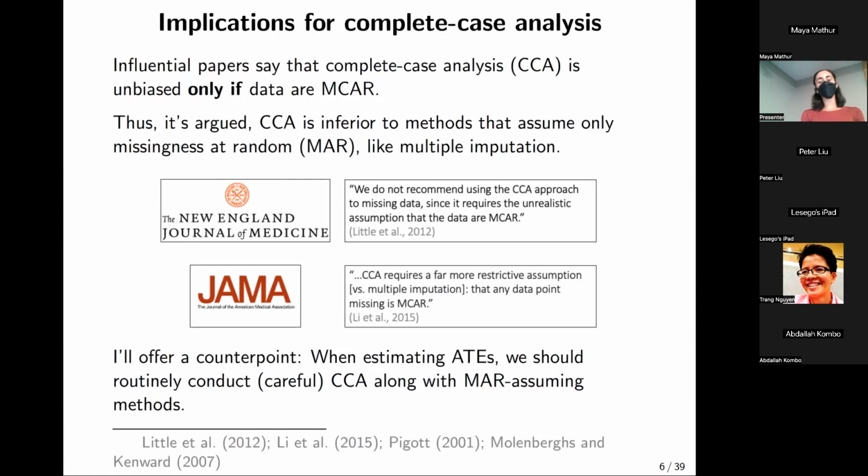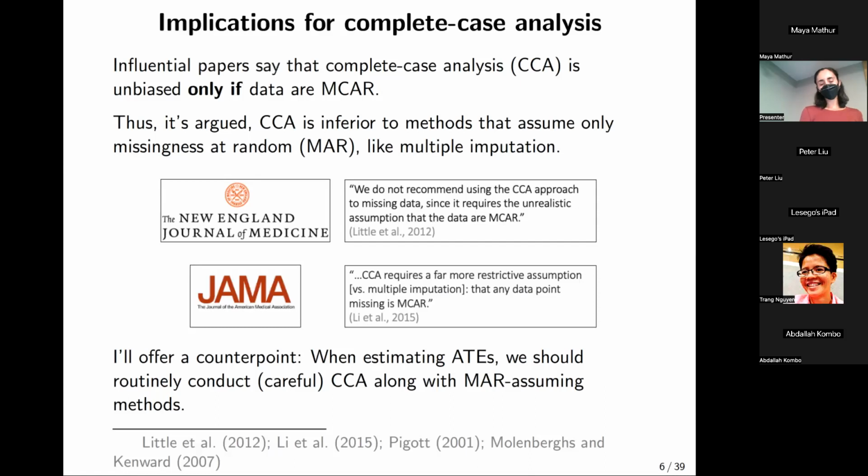So remember, I said that if we do a complete case analysis, that is just a form of potential selection bias. There have been a number of pretty influential papers arguing that a complete case analysis is unbiased only if the missingness is what's called missing completely at random, which is a very strong assumption that often doesn't hold.